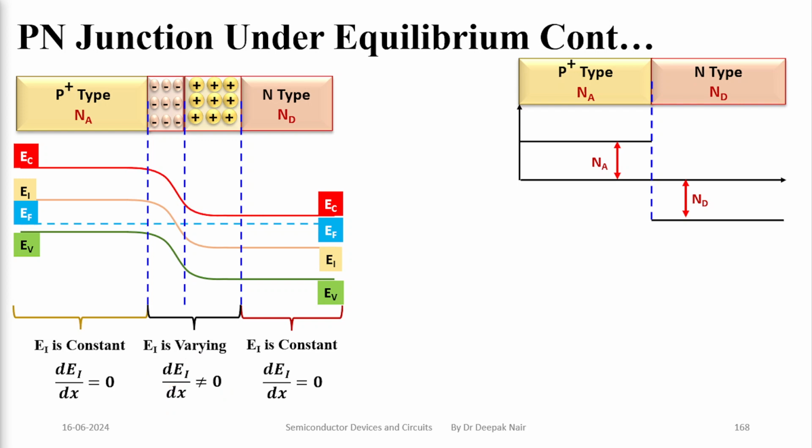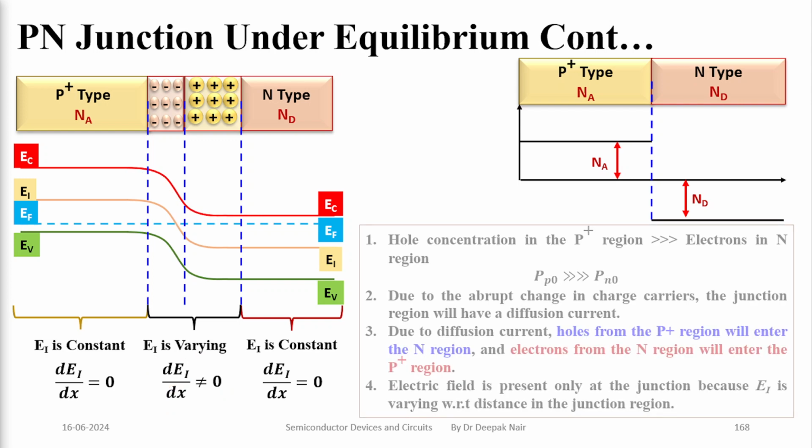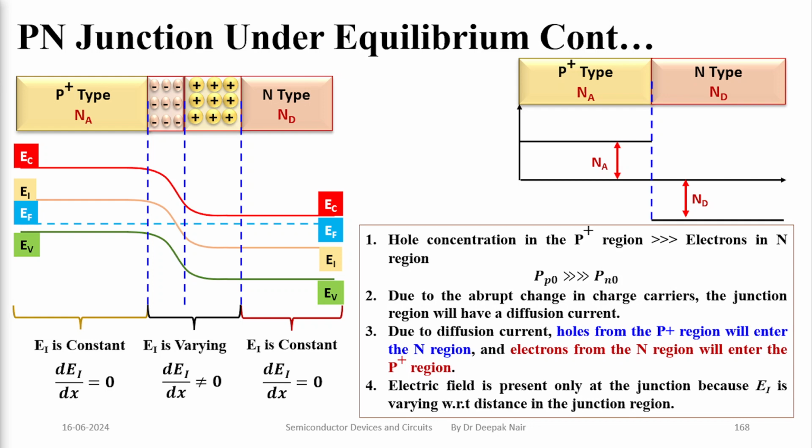Now from this diagram, what are the things that we can observe? First thing that we can observe here is that the hole concentration in the p-type region is much greater than the electrons in the n region. Therefore p_p0 is much higher than p_n0. And due to the abrupt change in the charge carriers near the junction, the junction will have diffusion current.